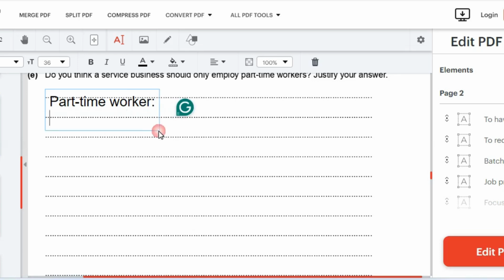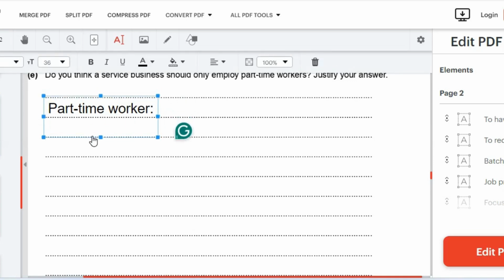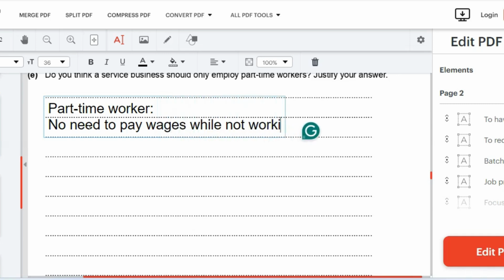The part-time worker. Of course, for the business, there is no need to pay part-time workers when they are not working. Let's try to put this out. No need to pay wages when not working.